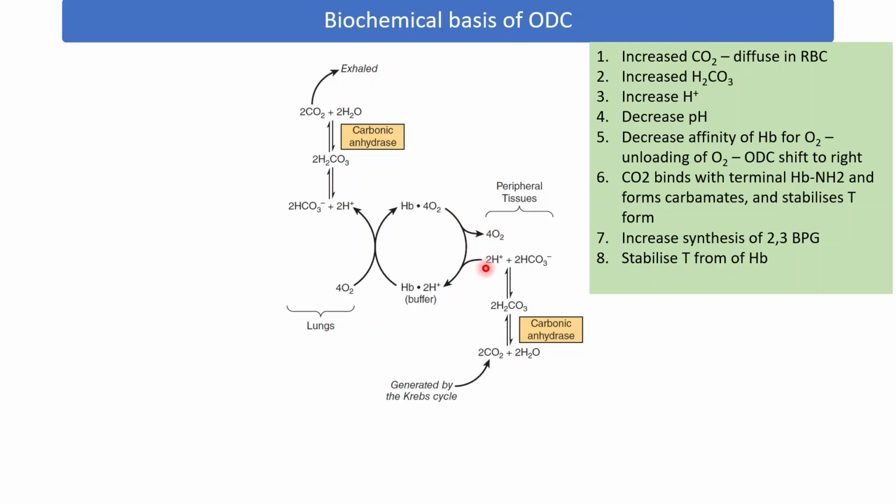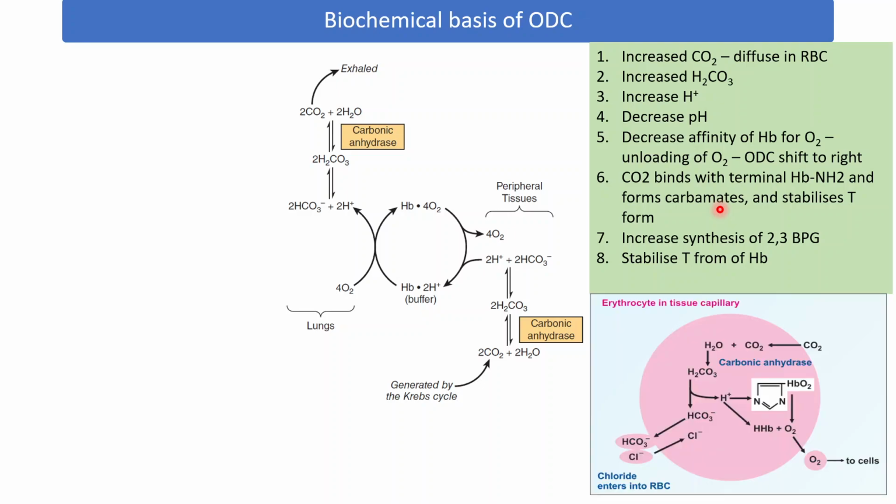This H positive ions is buffered by the hemoglobin, and the deoxygenated hemoglobin now forms the T form, or taut form, of hemoglobin. Now this T form is stabilized with the help of increased formation of 2,3-BPG and formation of carbamates. As we have seen earlier, what are the factors which stabilize the T form? Those were your carbamates and 2,3-BPG.